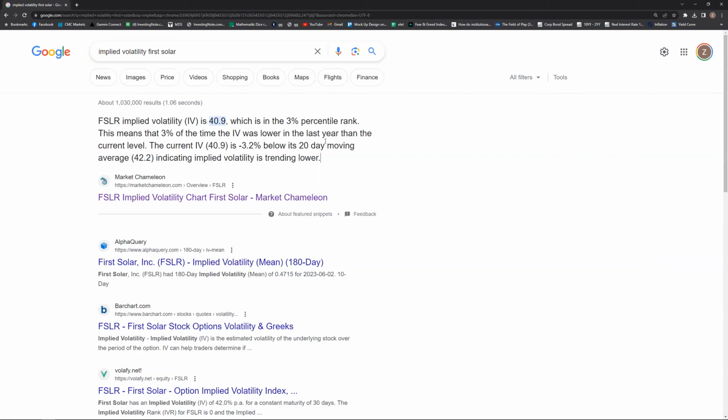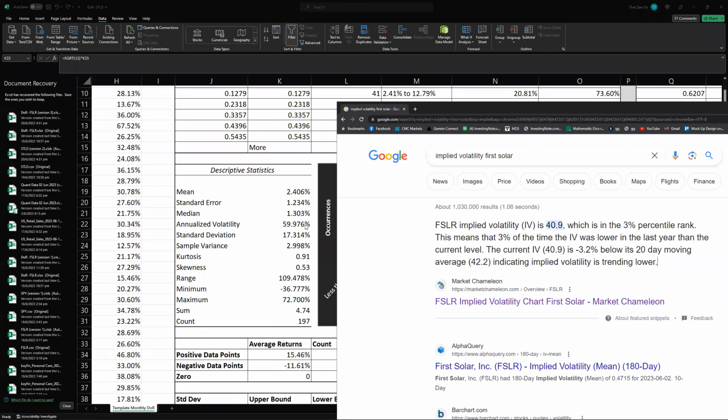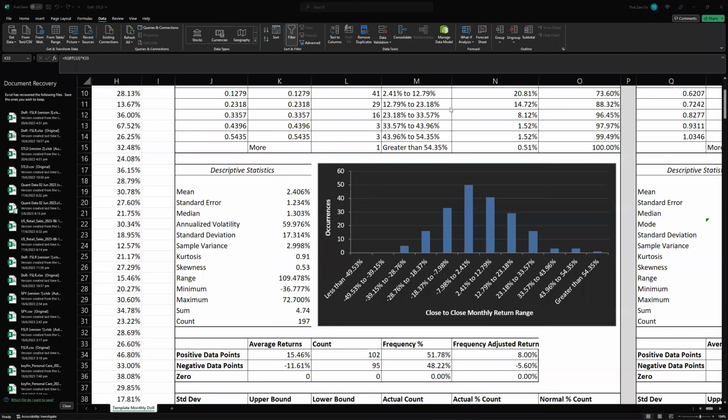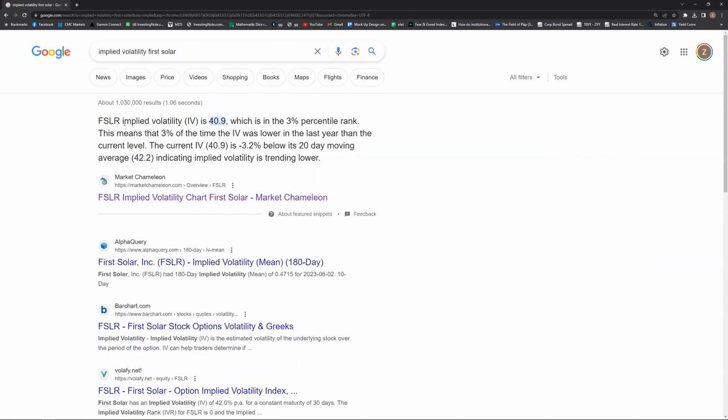If we were to look at an average level, maybe 50% percentile, then First Solar IV will probably be around what we have calculated, the annualized volatility around 59%. But currently, I think the market is looking at First Solar not to have so much volatility going into the future. But you will see the number is somewhere around there.